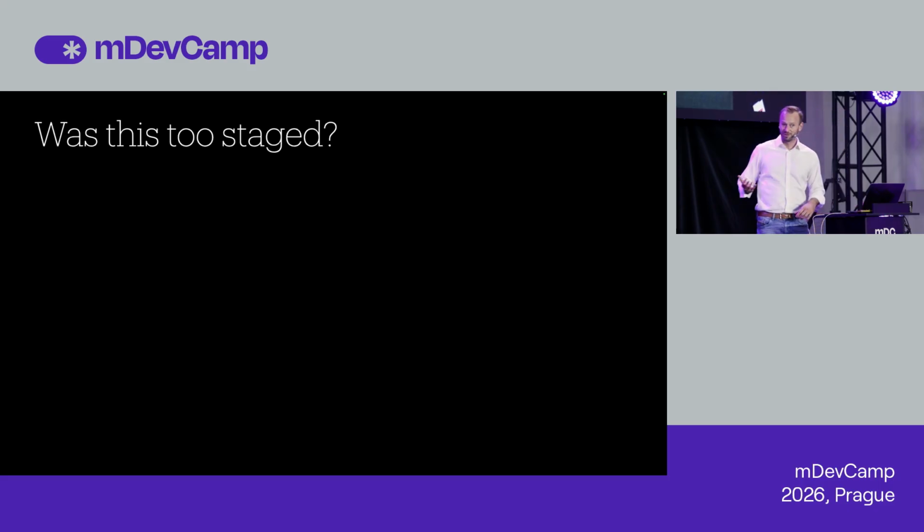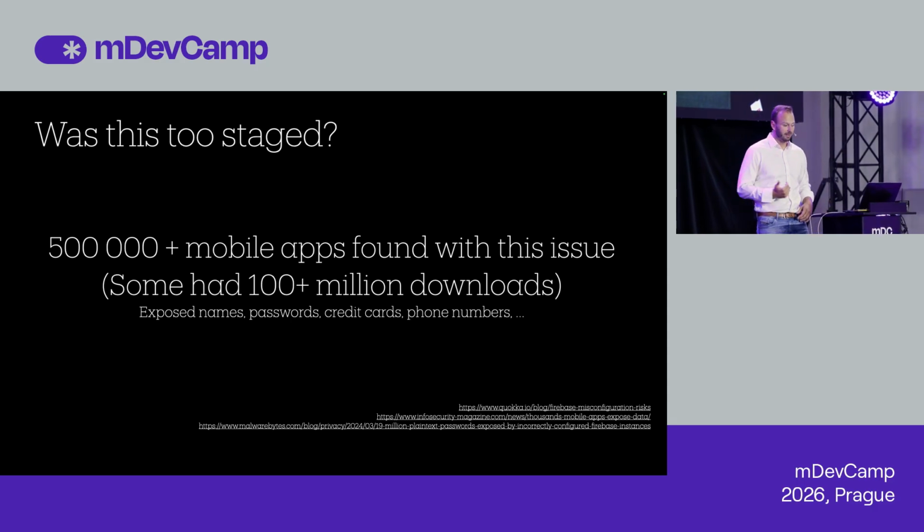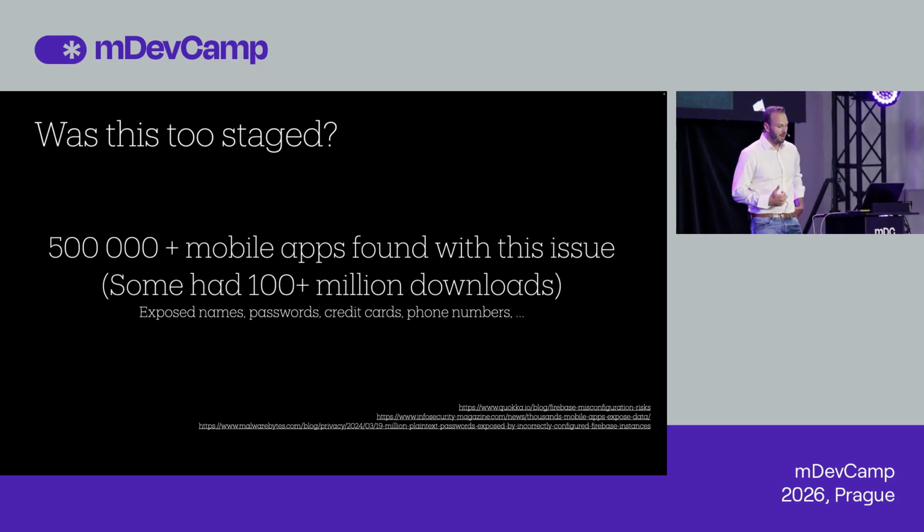So was this two-staged? It was. But the issue that you saw with Firebase, there were over 500,000 apps found with the same issue. It was back in 2022 when Firebase was at its peak, and some of those apps had 100 plus million downloads.